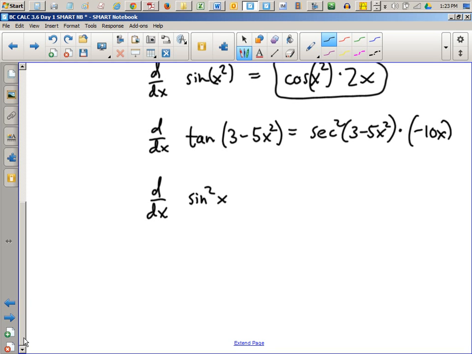So it would probably be helpful to see this written like this. D dx of sine x squared. So I've changed my mind about this problem. The first thing that catches my eye is not the fact that it has a sine. What catches my eye is it resembles x squared. It's something squared, right?